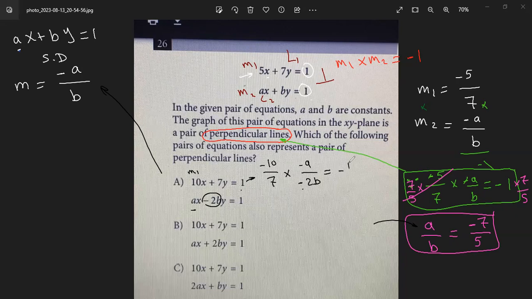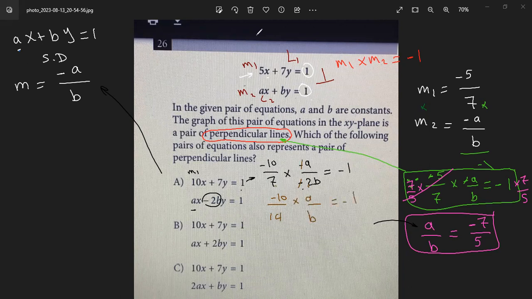This must equal negative 1. Use your skills here: negative with negative, and make 2 times 7. 2 times 7 is 14, so negative 10 over 14 times A over B equals negative 1.